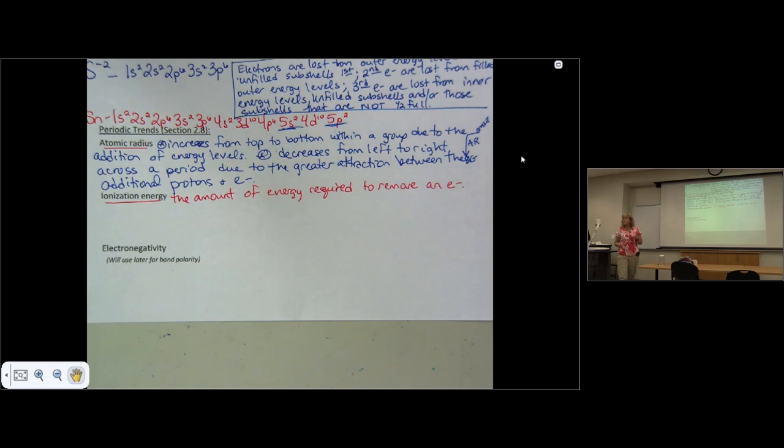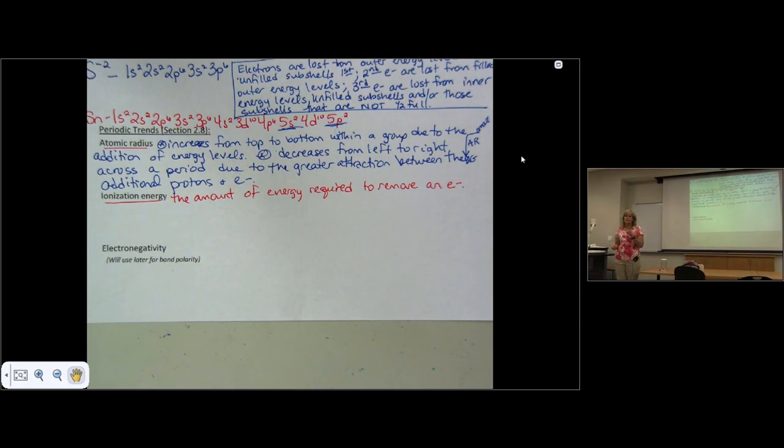So can we say that the trend for ionization energy is the same as atomic radius or opposite? The amount of energy required to lose an electron, will that decrease as you go down a family or increase? Atomic radius got bigger.